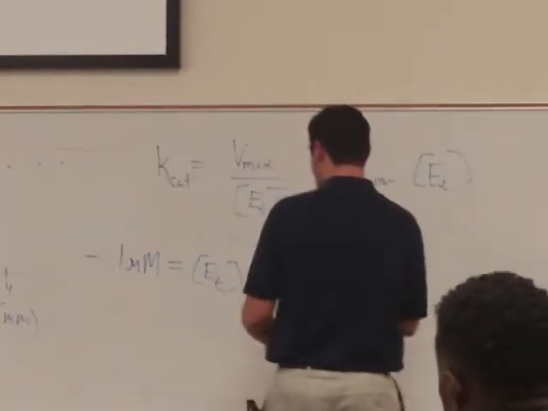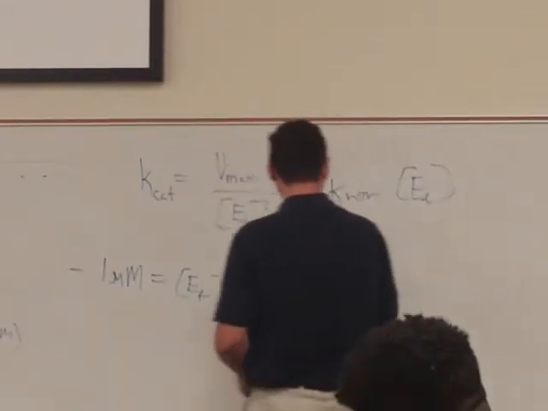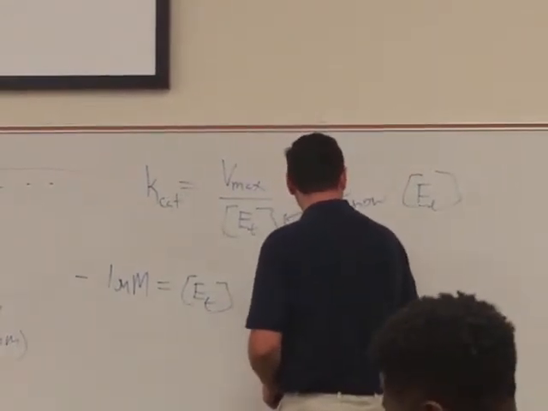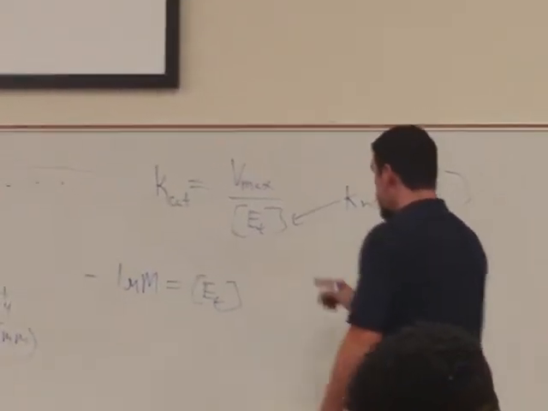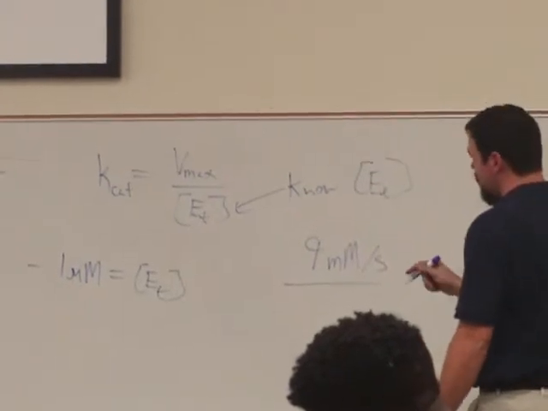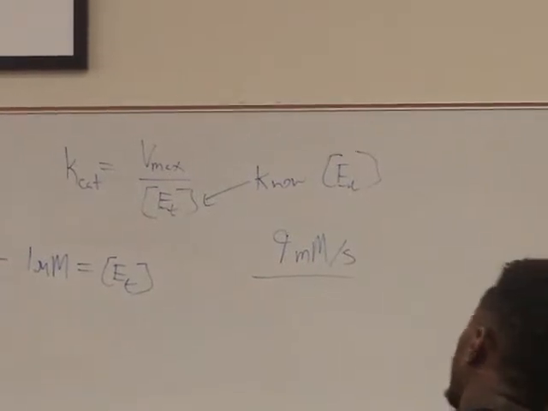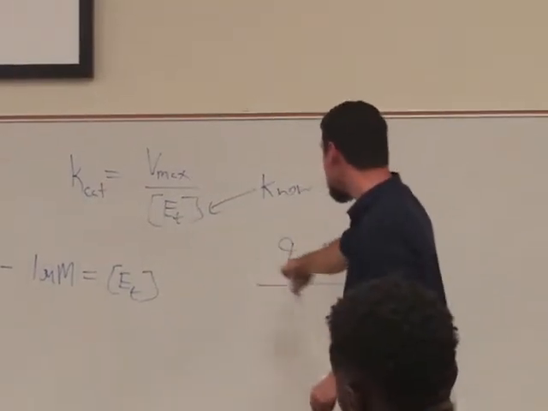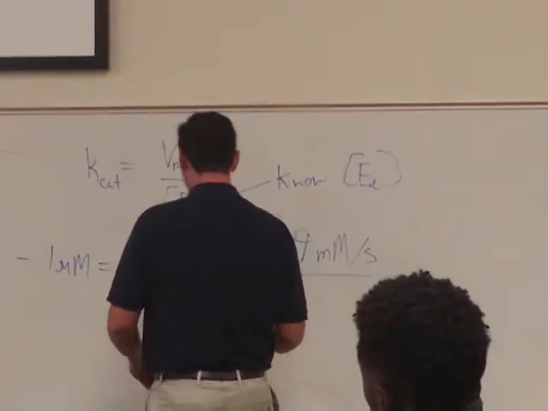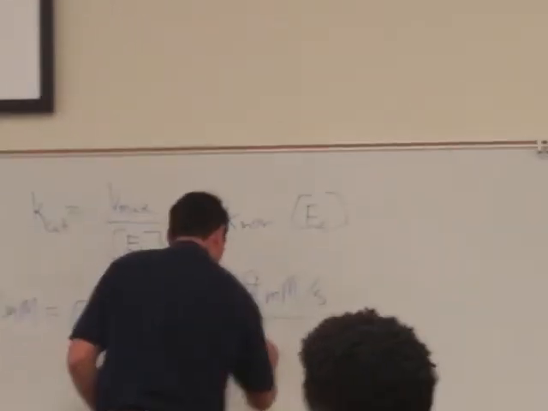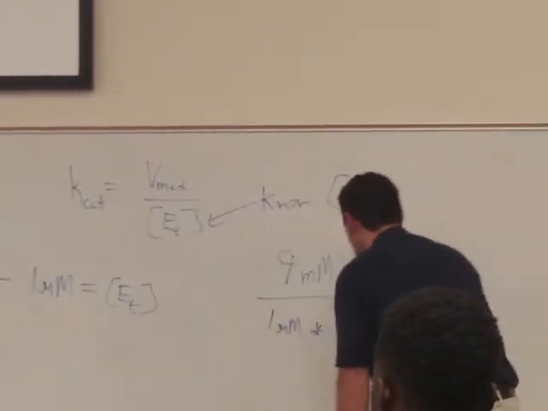We would just take Vmax, which is in terms of millimolar per second. We said that's 9 millimolar per second. And then we would divide it by E total. Now here's the point where everybody usually gets it wrong too. The units of concentration have to be the same. We have 1 micromolar, but those are not the same units. So we have to convert.